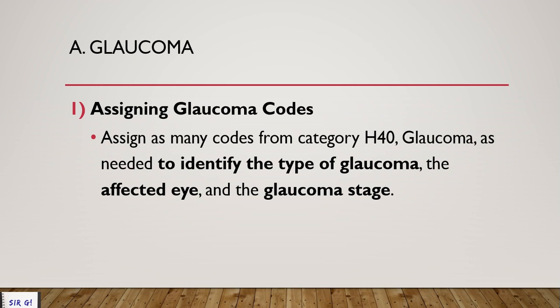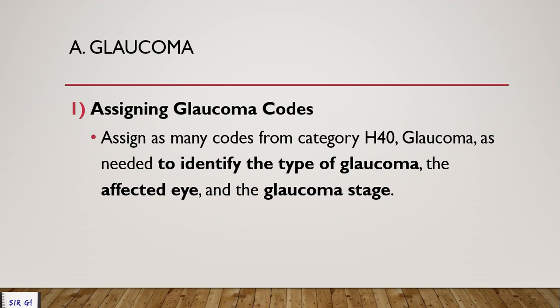Please highlight the bold terms there. Assign as many codes from category H40, which is glaucoma, as needed to identify the type of glaucoma, the affected eye, and the glaucoma stage.